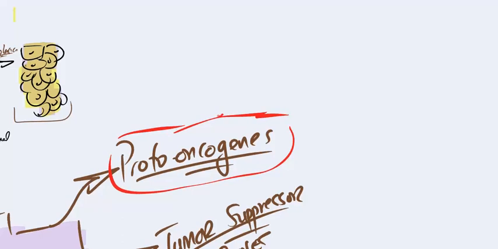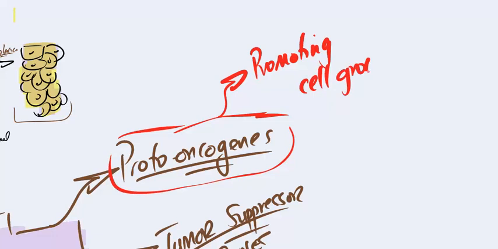Now, if they're abnormally active, then we get too much cell growth and too much cell division, and that promotes the cancerous state.